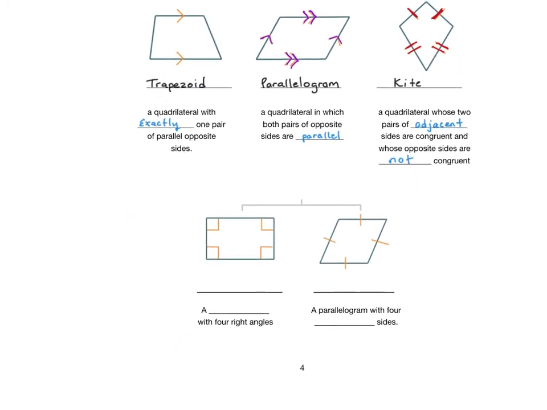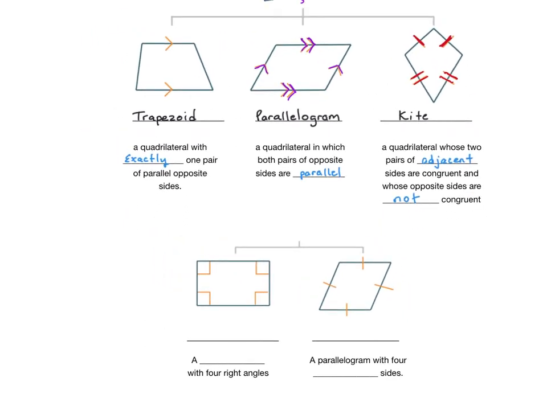So as we move in here, our parallelogram can further be divided into two different subcategories. We would have a rectangle, which is a parallelogram with four right angles.